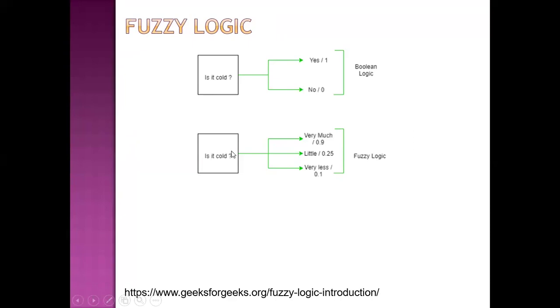So this is an illustration I've taken from this site. In Boolean logic, there are only two possibilities, either yes or no, whereas in fuzzy logic, there are many possibilities in between 0 and 1.